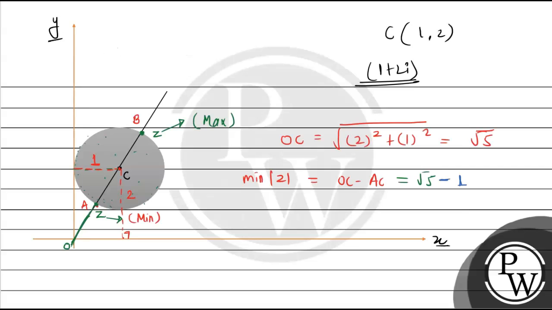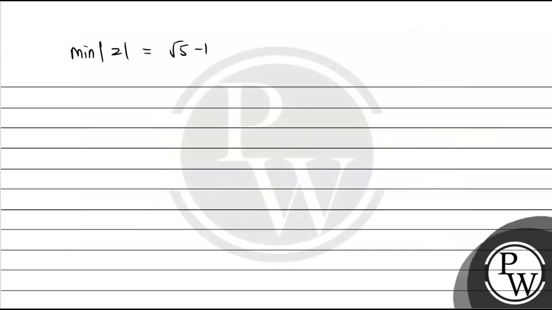So here this particular B point is farthest from the origin, so it will be the maximum of Z. This one will be having the maximum magnitude in Z, right? So if you find this OB, that will be the maximum magnitude, right? So let's find. Maximum magnitude of Z is OB length, and OB is OC plus CB.